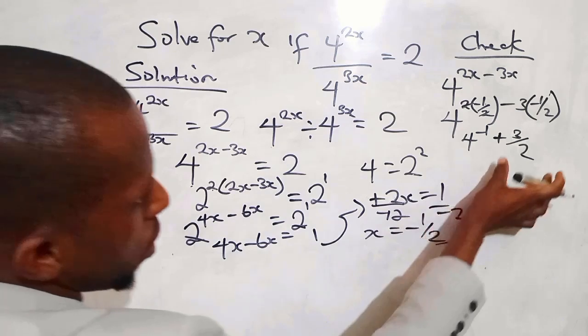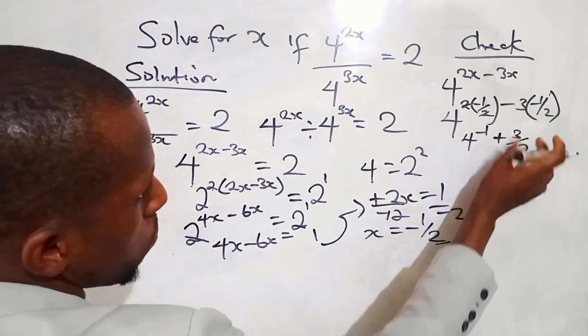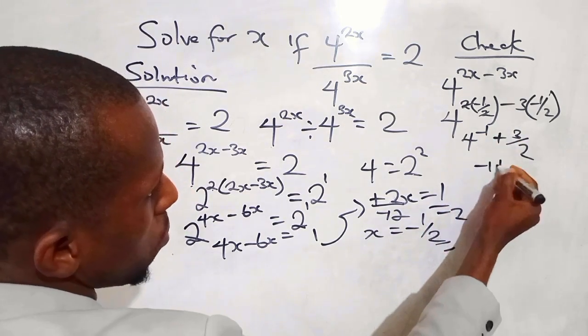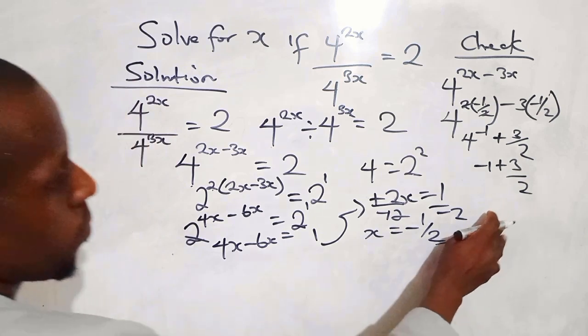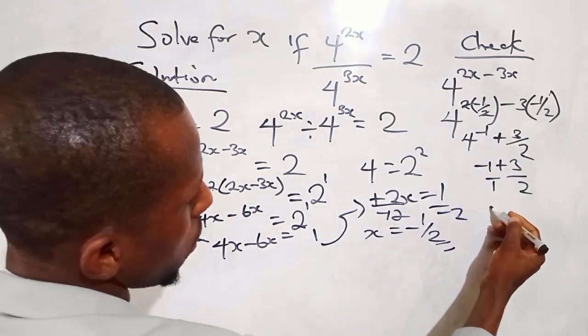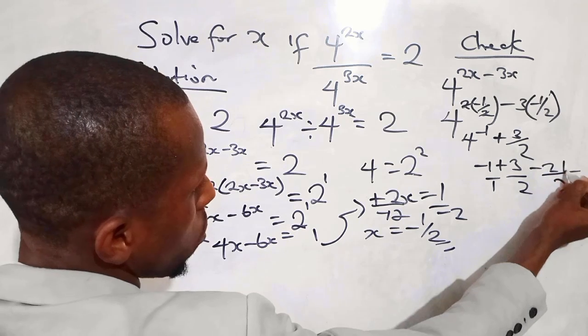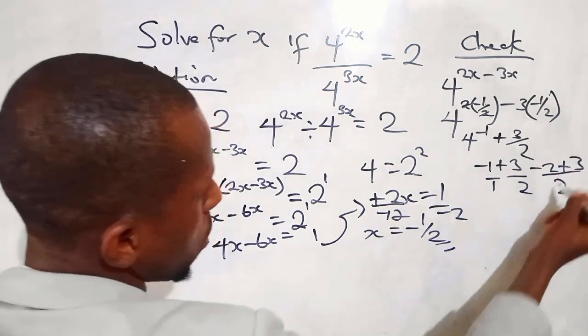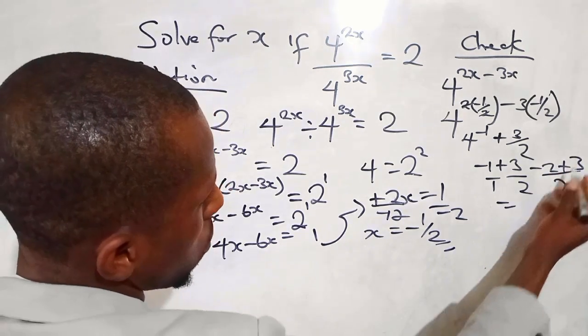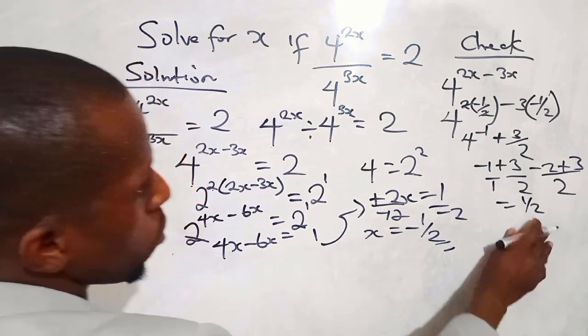Let me resolve the power. We have minus 1 plus 3 over 2. Here I can easily solve with the LCM: this is minus 2, this is 3, and when you resolve this, you have 1 over 2.